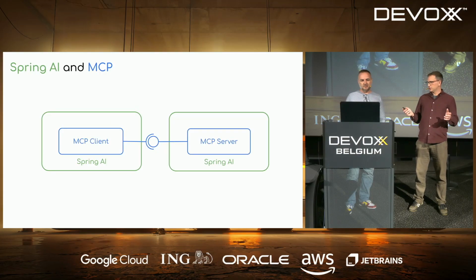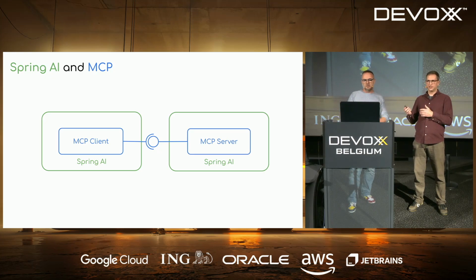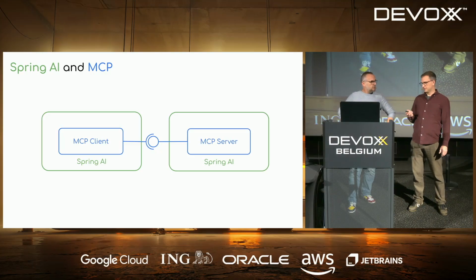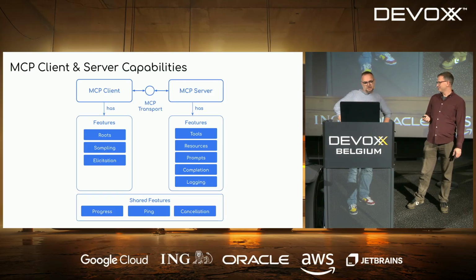As I mentioned, in Spring AI, you can cater for client-side applications, those rich LLM-enabled applications, but also you can be on the other end where you expose the existing APIs, databases, and your resources as an MCP server developer.